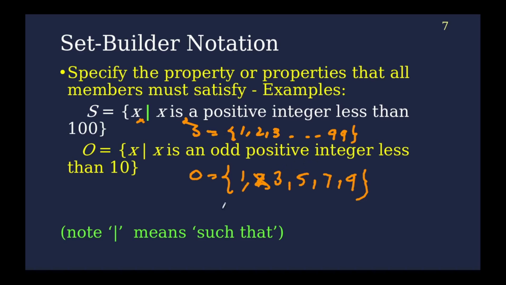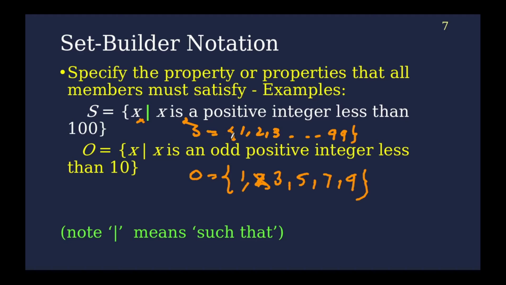So in set builder notation, the property is specified by representing some letter, usually x, such that x satisfies a particular property. Here it is satisfying the property of odd positive integer less than 10. Here it is satisfying the property of positive integer less than 100. So there are two notations normally used.